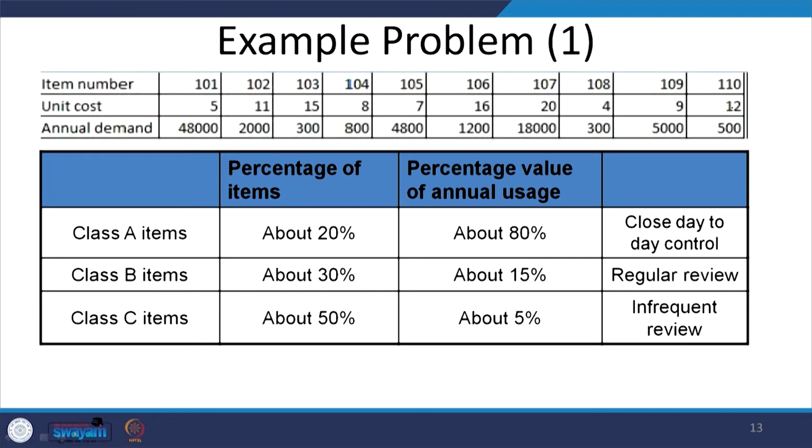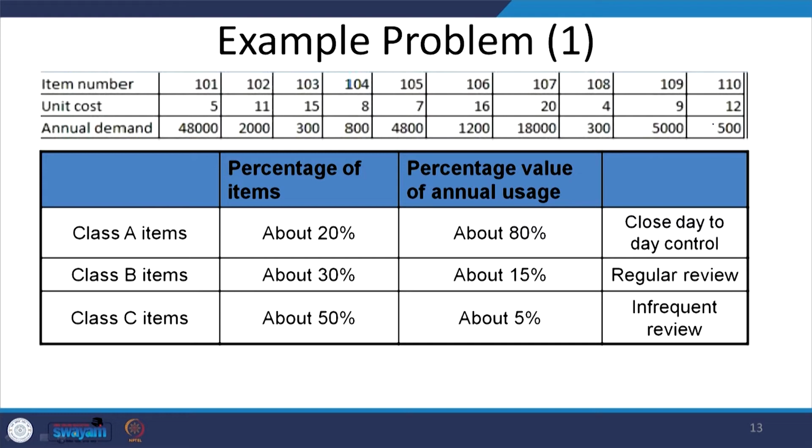These are the unit costs of these different items. And the annual demand is also available, from 48,000 units to 300 units to 5,500. The annual demand of these different products is also given to us.